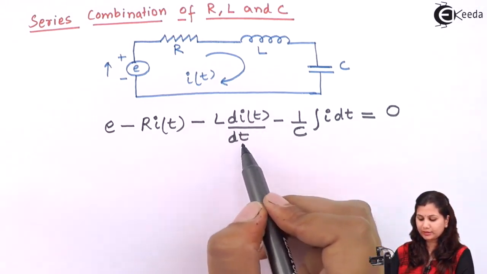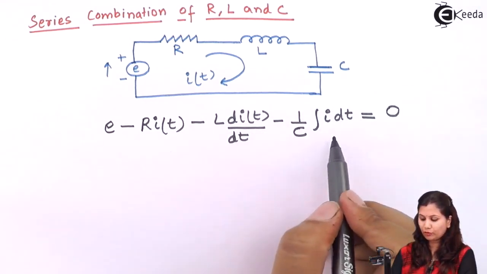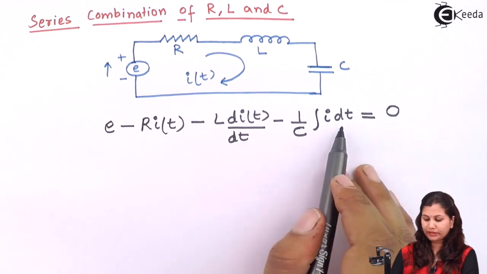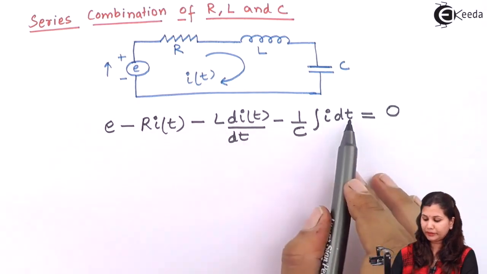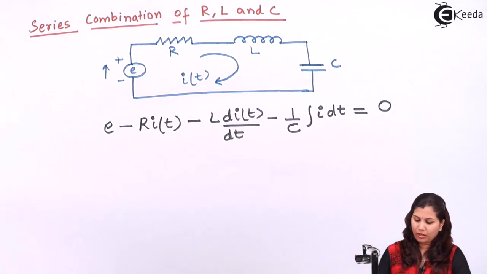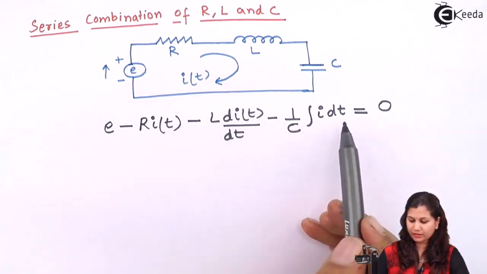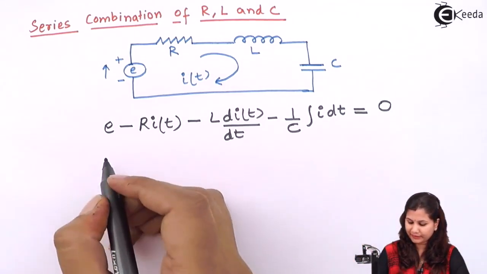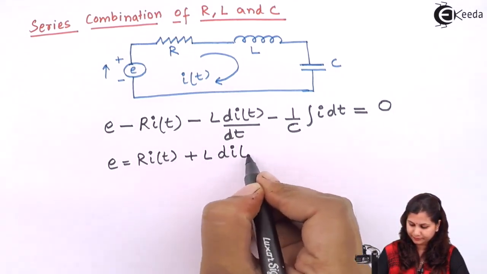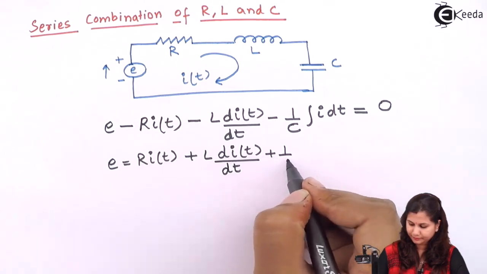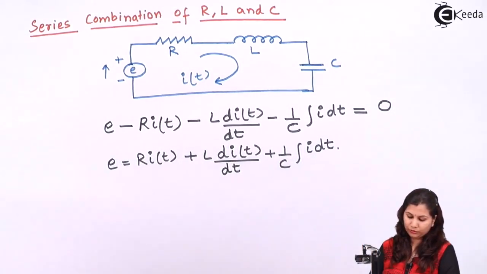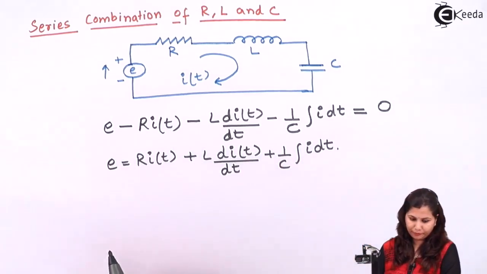It is across the inductor, and it is the voltage drop across the capacitor. So the algebraic sum of all these voltages in a loop will be equal to 0. So if we shift these three terms to the right hand side, we will get this equation, okay. So this is the equation which we have obtained.